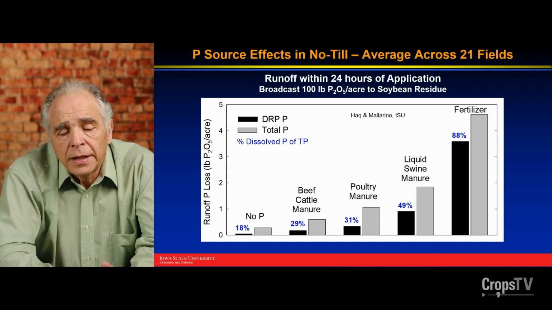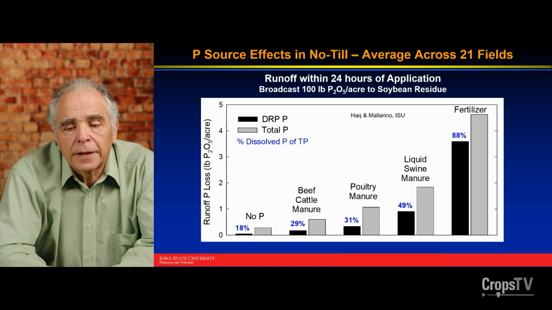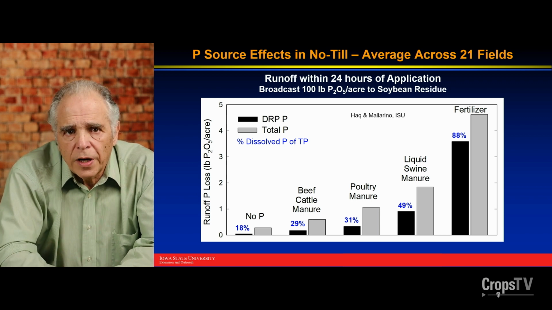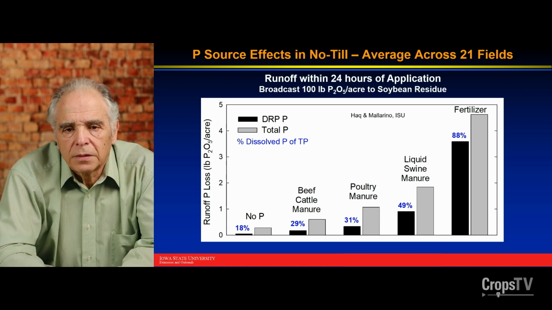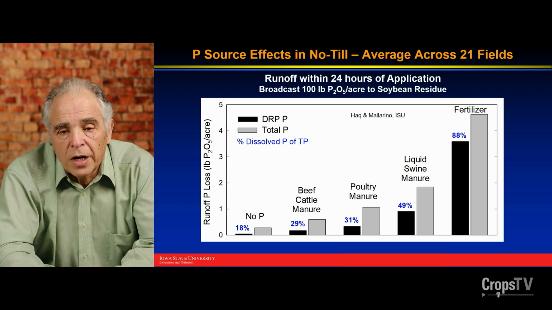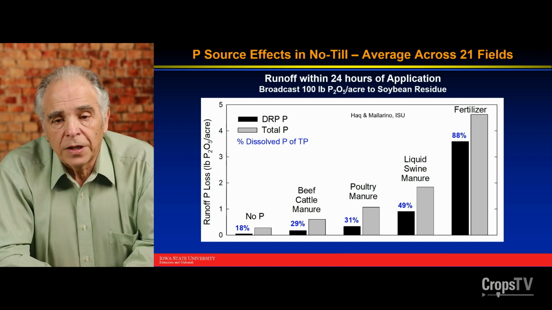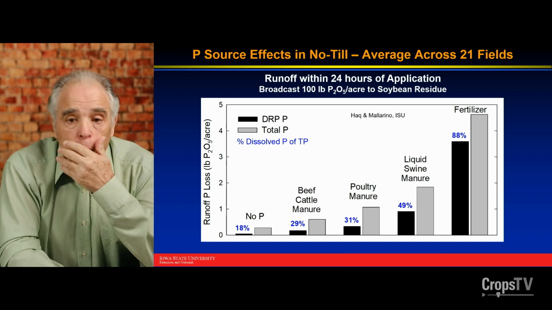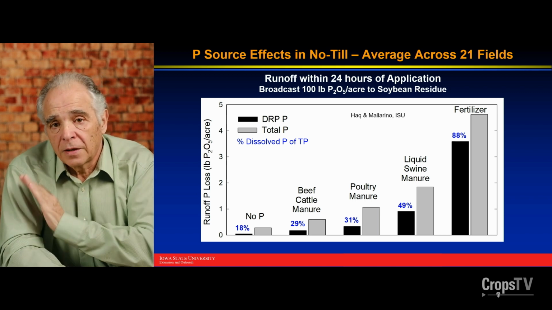And then it's very clear here that we applied the same rate, 100 pounds of P2O5, on soybean residue, okay? The losses are very high with fertilizer. You apply fertilizer, and you get an intense rainfall runoff event within 24 hours of the application, and the phosphorus goes.